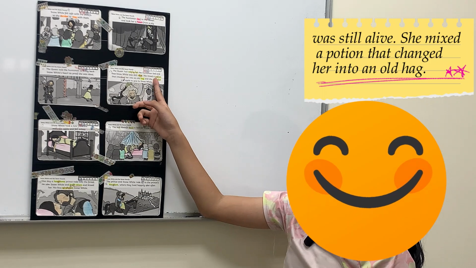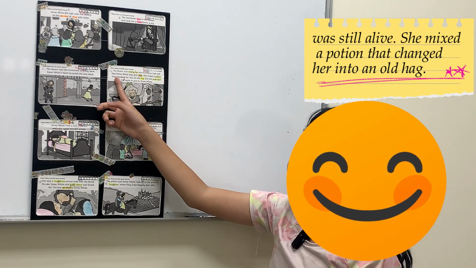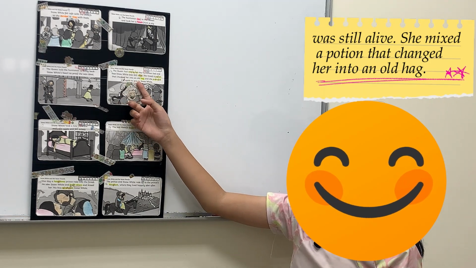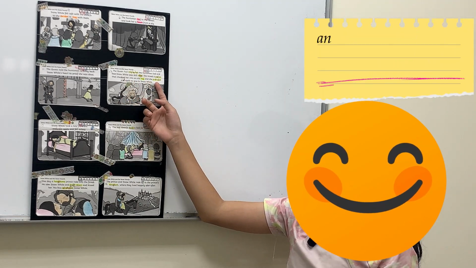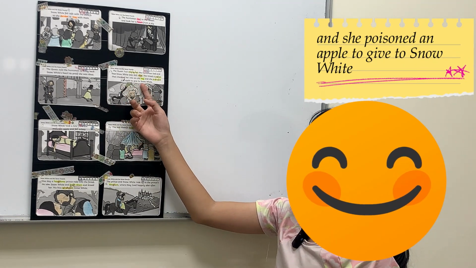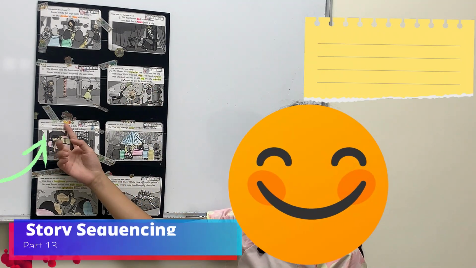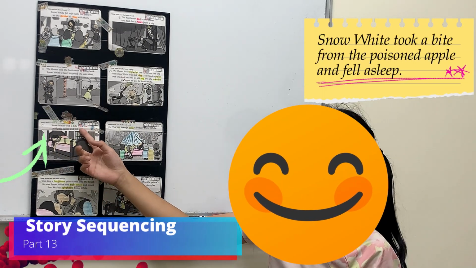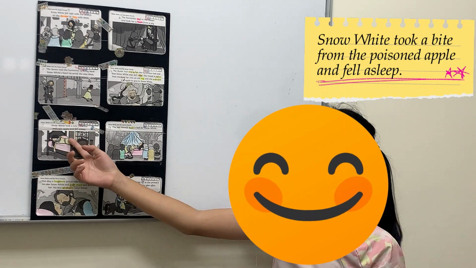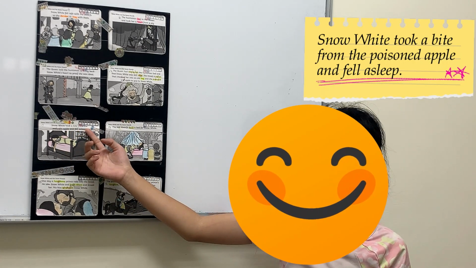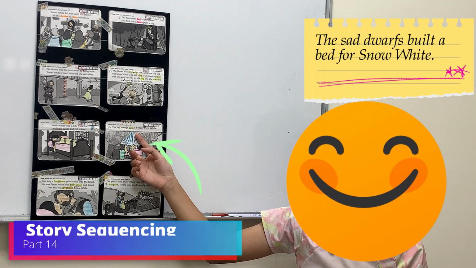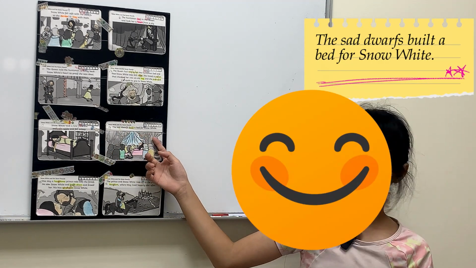She made a potion that changed her into an old hag, and she poisoned an apple to give to Snow White. Snow White took a bite from the poisoned apple and fell asleep. The sad dwarfs built a bed for Snow White.